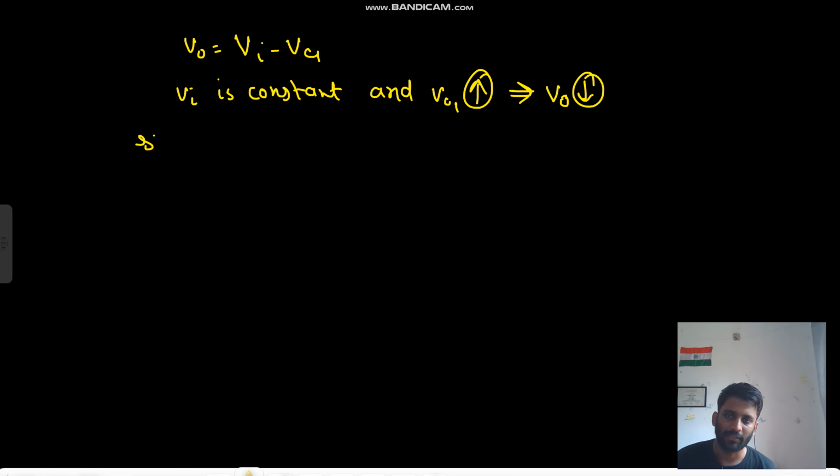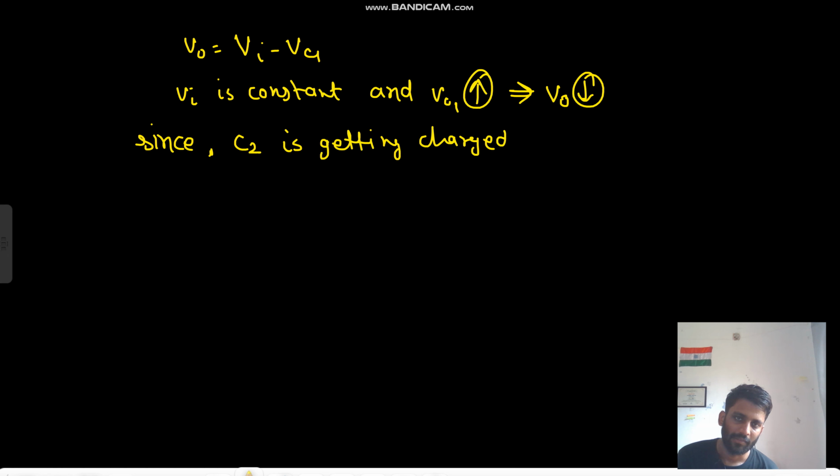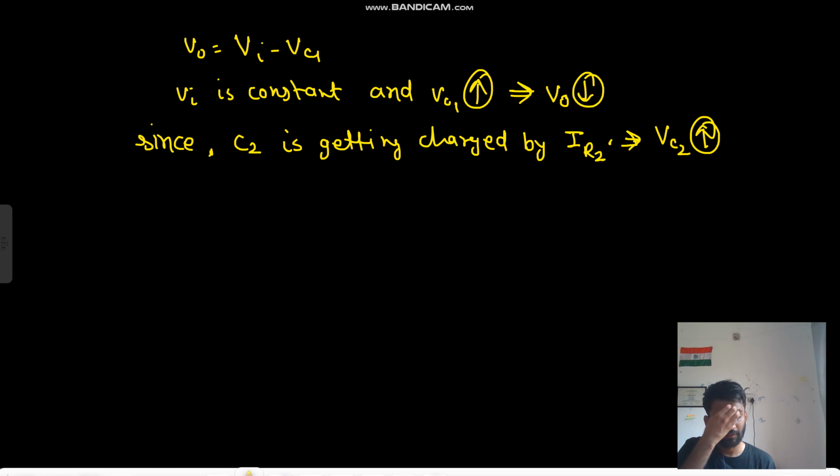Okay, and since C2 is getting charged by IR2, that means Vc2 is increasing. Okay, C2 is getting charged by R2, so Vc2 is increasing.